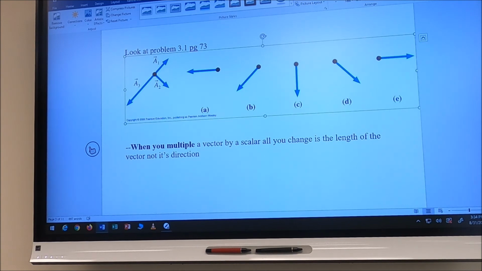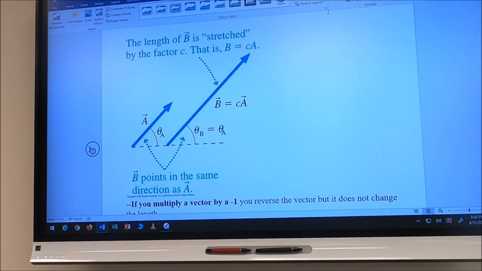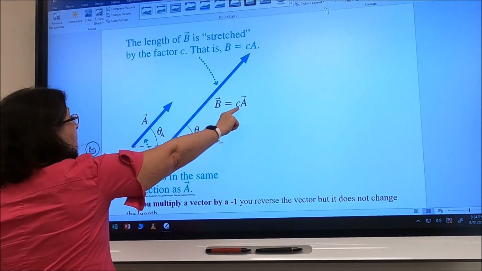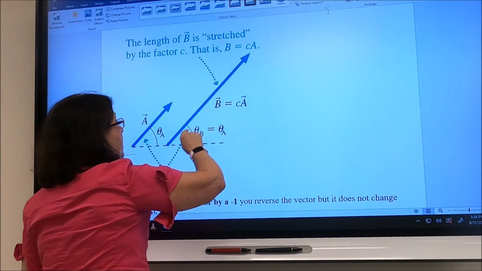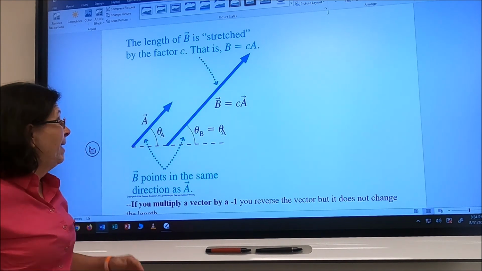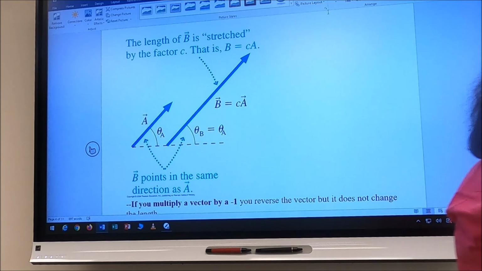All right. When you multiply a vector by a scalar, all you do is change the length of the vector. So if I have vector A and I multiply it by a constant C, I get a vector B that's going to point in the exact same direction as vector A. It's just going to be longer. If you multiply a vector by -1, all you do is reverse the direction of the vector.